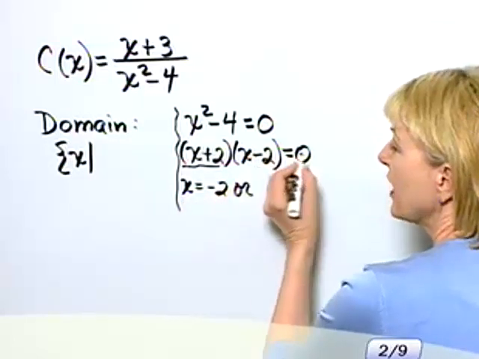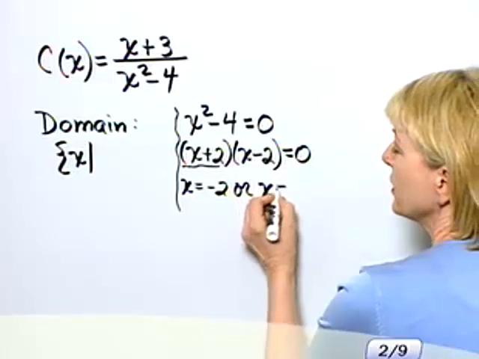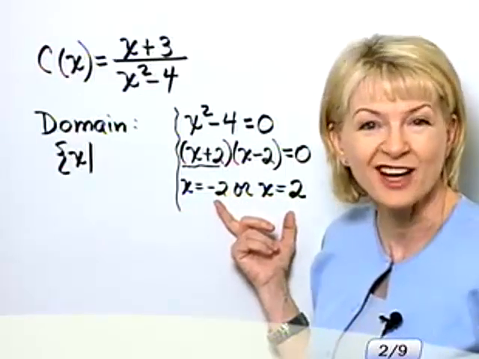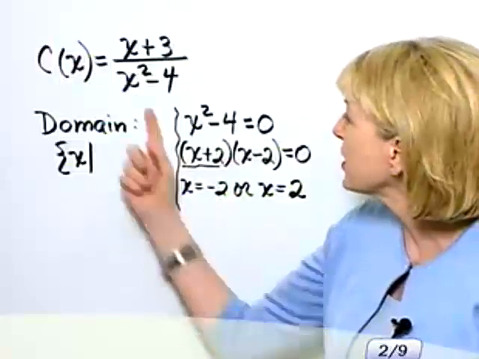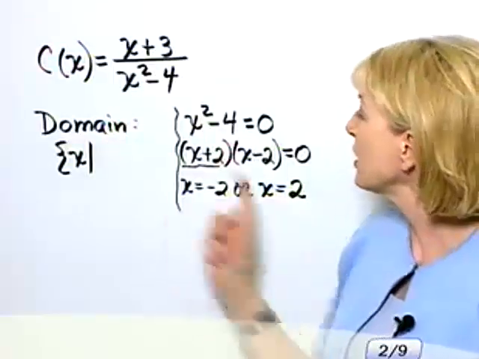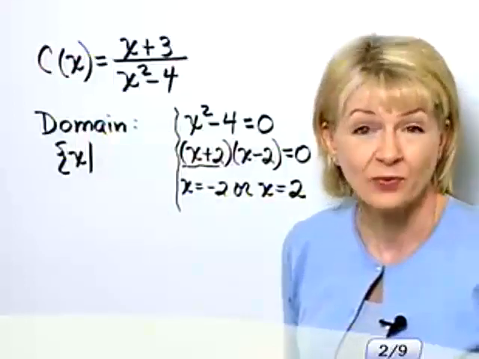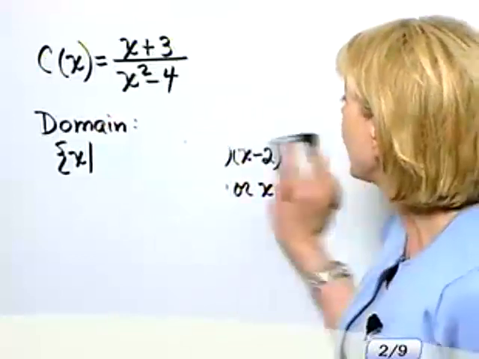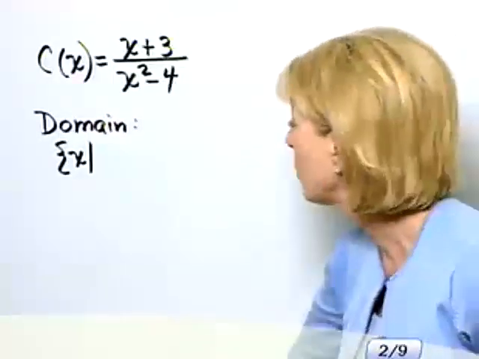If you set this factor equal to 0 and solve, x is 2. So these two numbers make the denominator 0, and you can certainly check. Negative 2 quantity squared is 4, minus 4 is 0, and 2 squared, that's 4, minus 4 is 0.